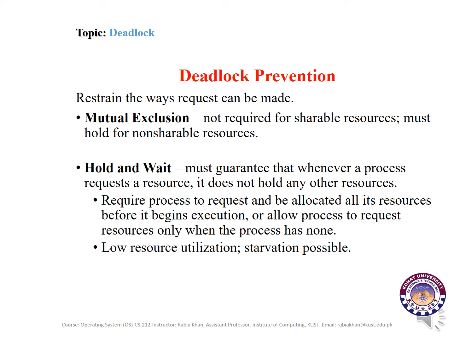So mutual exclusion needs to be applied only on the non-shareable resources and should not be applied on the shareable resources. By this, we can prevent mutual exclusion or limit it to some extent, but not completely prevent it.